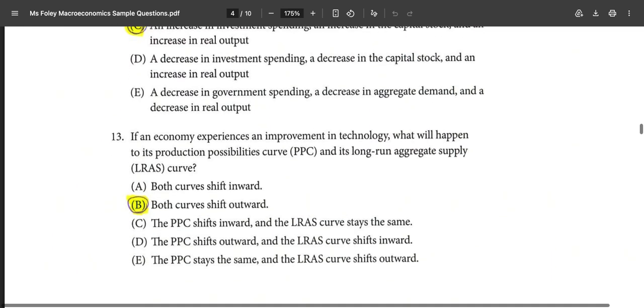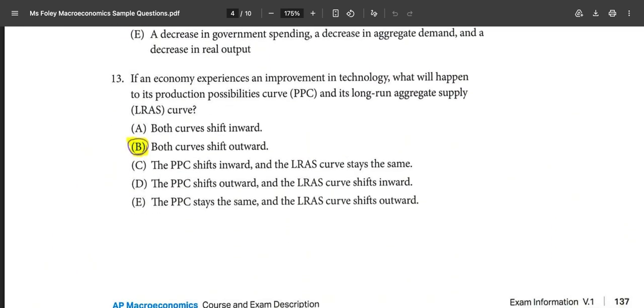That's letter C. Number 13, if an economy experiences an improvement in technology, what will happen to its PPC curve and its LRAS? Technology is one of those things. So we usually say increase in technology, we say increase in human capital, and we also say increase in physical stock.